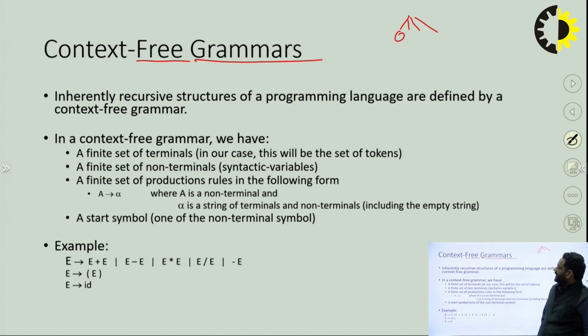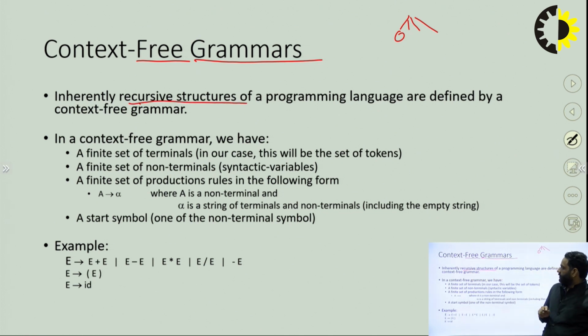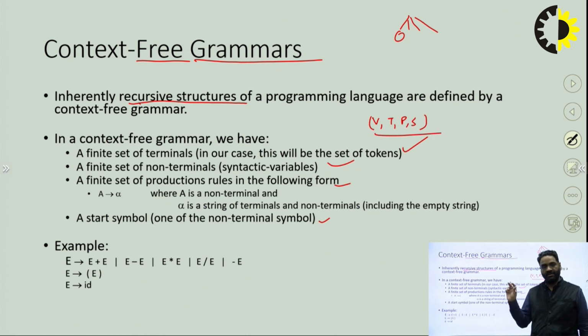Inherently recursive structures of a programming language are defined by a context-free grammar. In a context-free grammar, we have terminals, non-terminals, a finite set of productions, and a start symbol. As we know, V, T, P, S. These are the four tuples of any grammar.